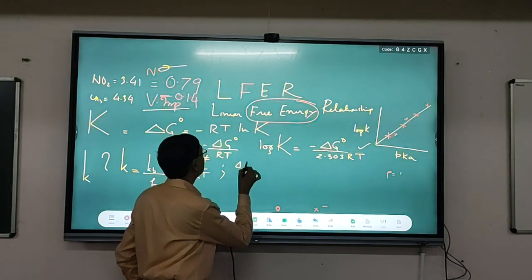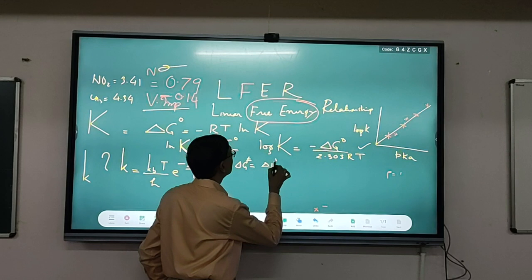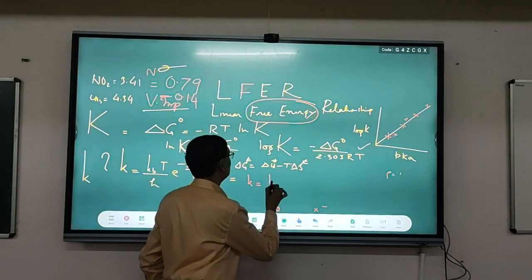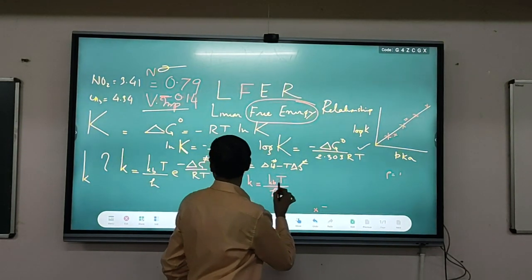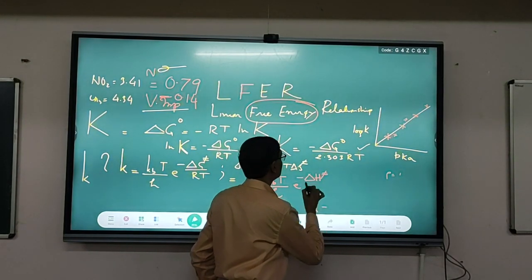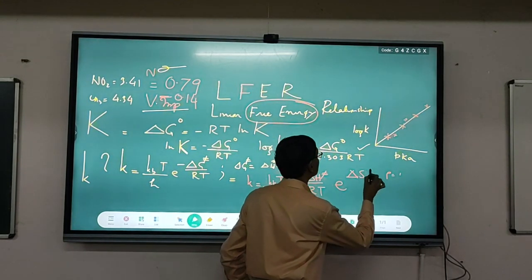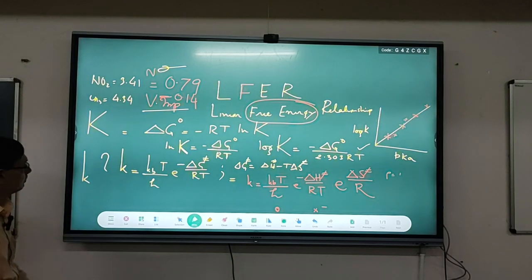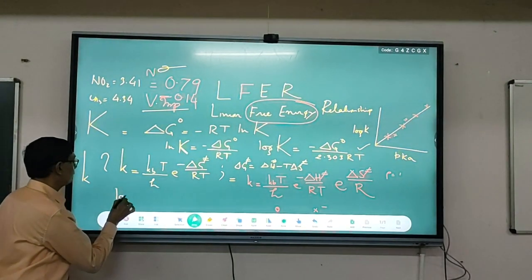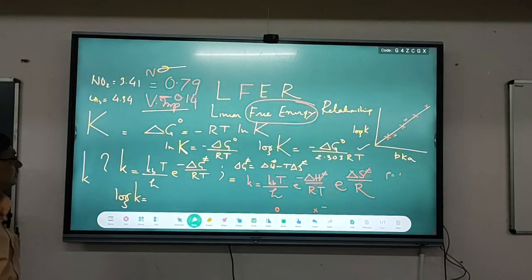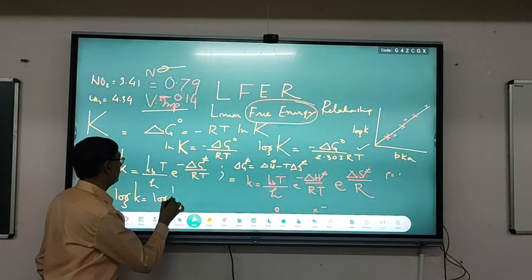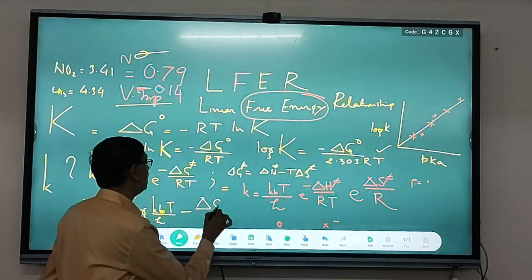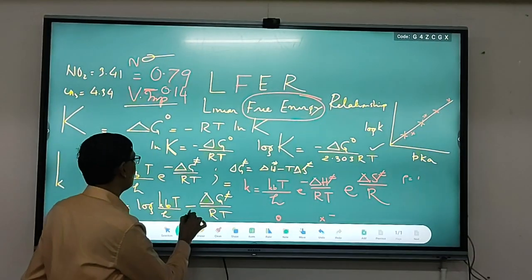And if I write it completely, because delta G is equal to delta H minus T delta S, we can write K is equal to kBT/h exponential minus delta H by RT exponential delta S by R. So if I take the logarithm, log of K is equal to log of kBT/h minus delta G by RT, or with the log base ten, 2.303.